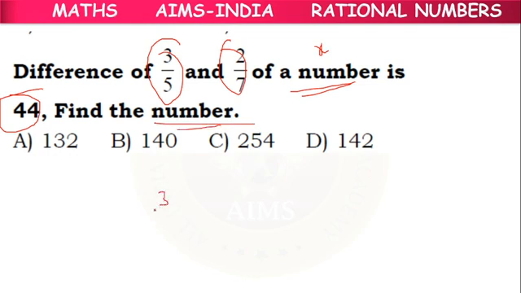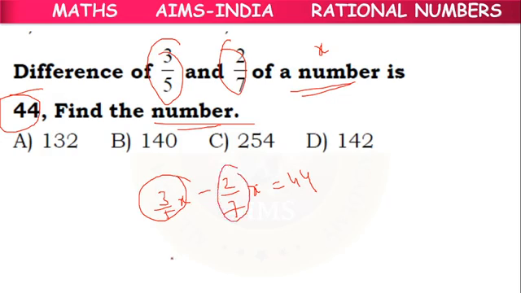Difference of 3 by 5 of a number means 3 by 5 x, minus 2 by 7 of x, equal to 44.